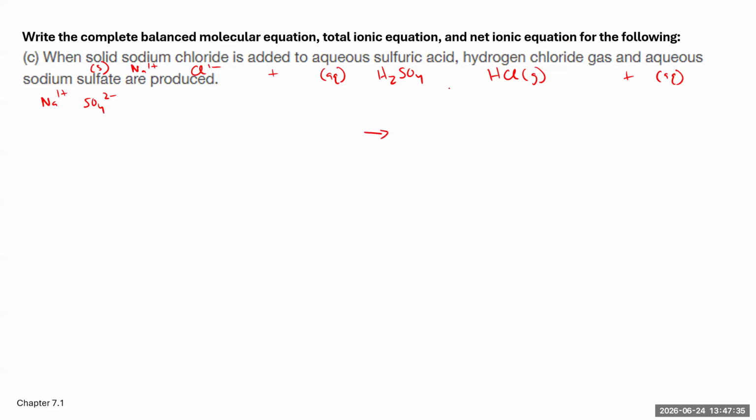Neutral compounds. So these are the products, HCl gas, right? And we need two sodiums for this one. So Na2SO4 aqueous. It says NaCl solid plus sulfuric acid aqueous.